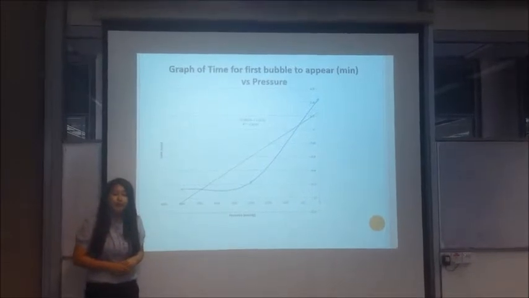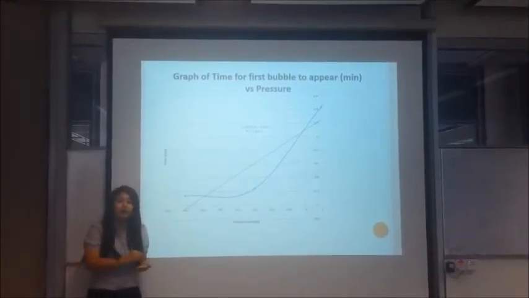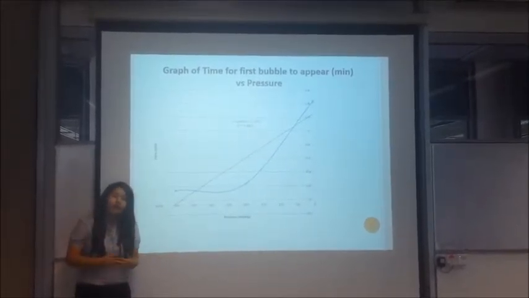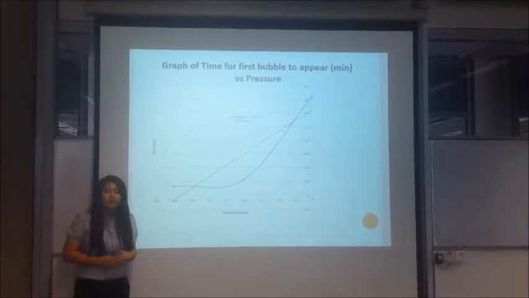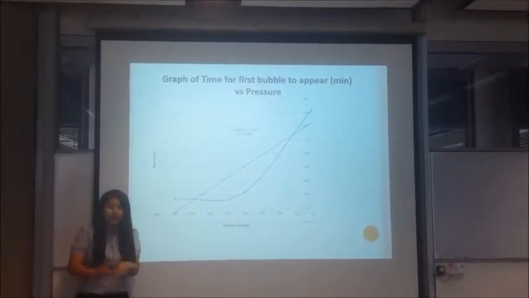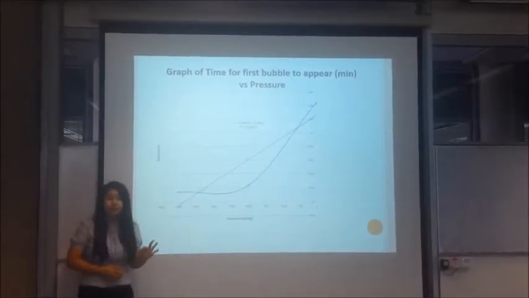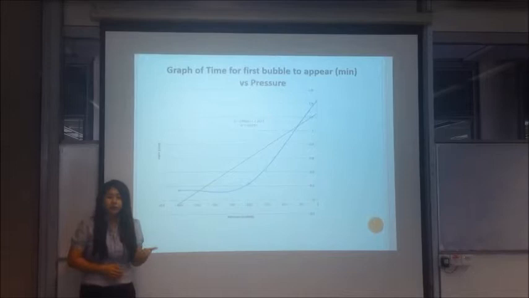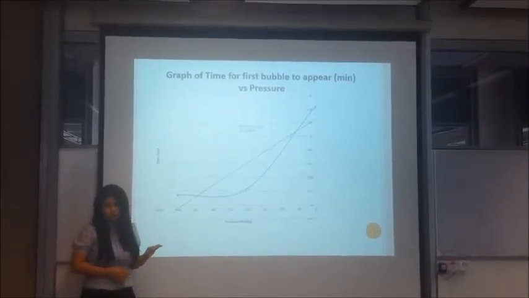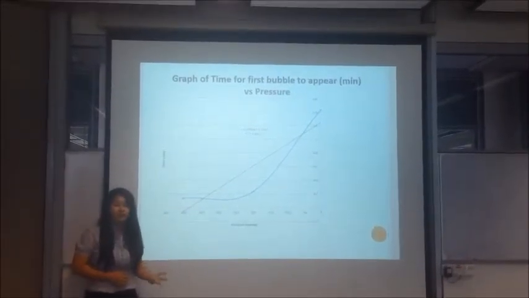As we have said before, the aim of this experiment is to investigate the effect of the pressure on the climbing film evaporator. Theoretically, we know that the climbing film evaporator is designed to operate under high pressure and have a low cost. We have conducted this experiment under 3 pressures: atmospheric pressure, negative 200 millimeters of mercury, and negative 400 millimeters of mercury.